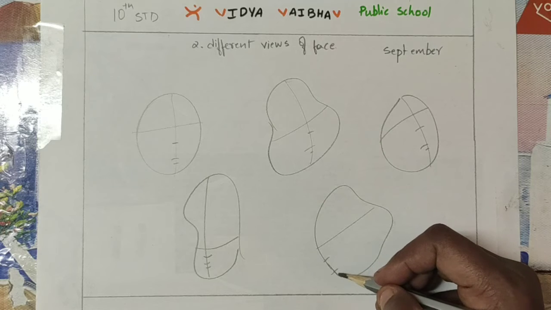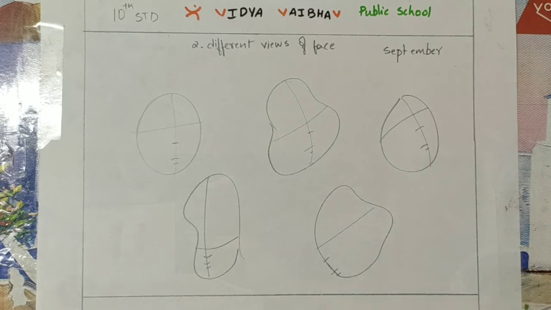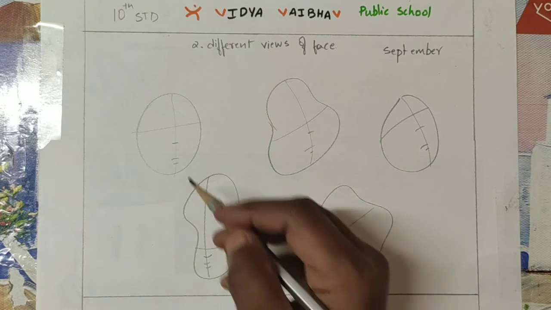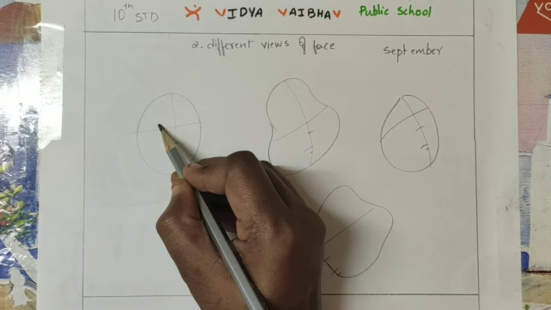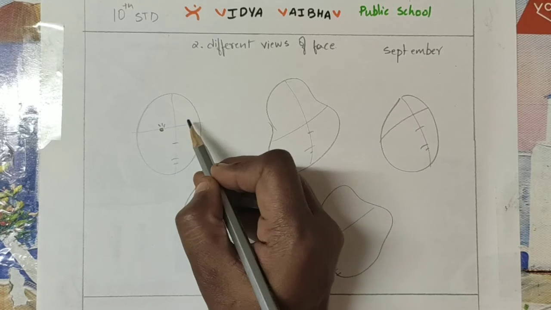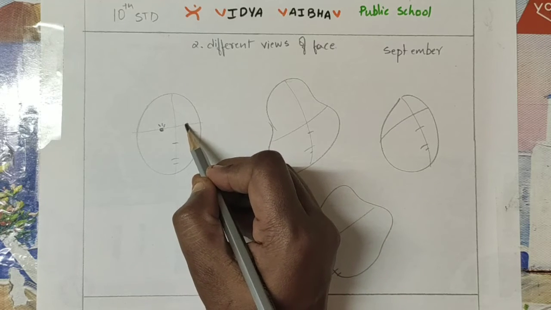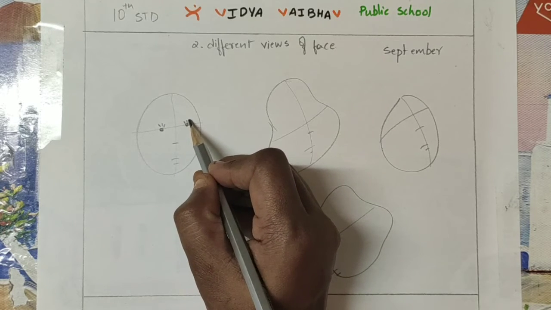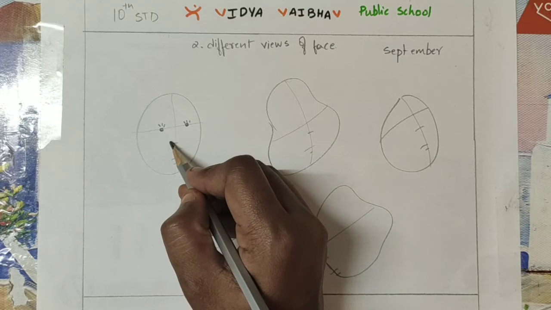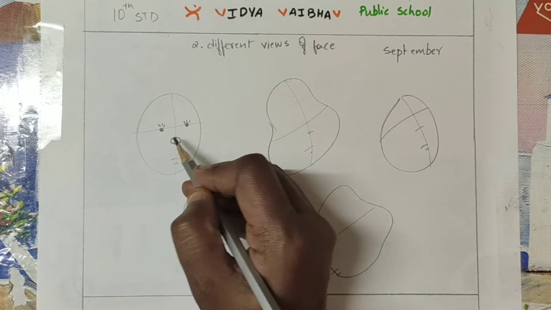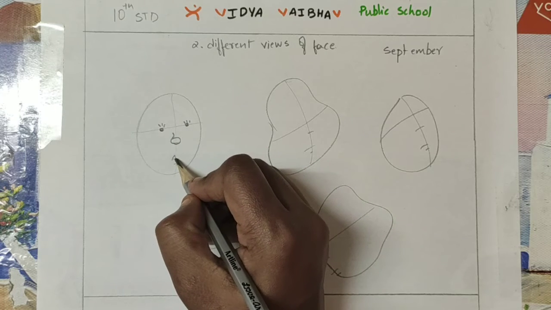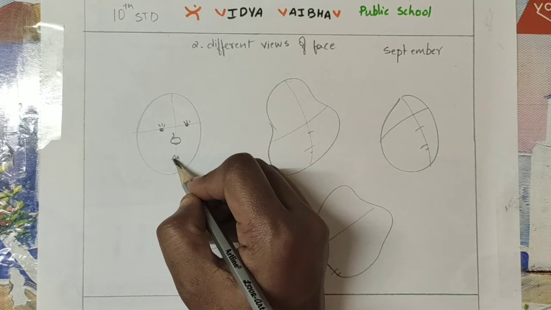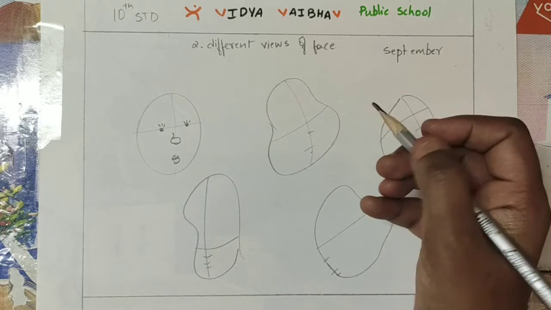See, this last character I am drawing in the side view. We already learned different types of eyes, different types of nose and lips. So start applying them on these different views of faces. Just apply what we practiced for the eyes and nose, exactly in proportion to the place.